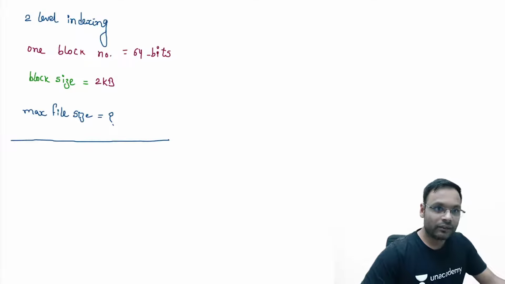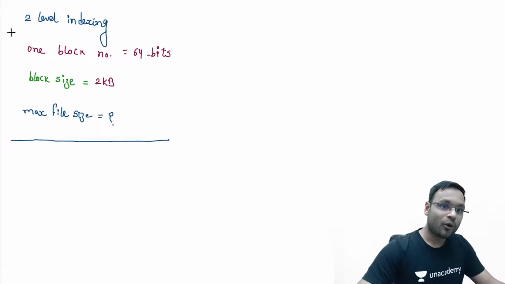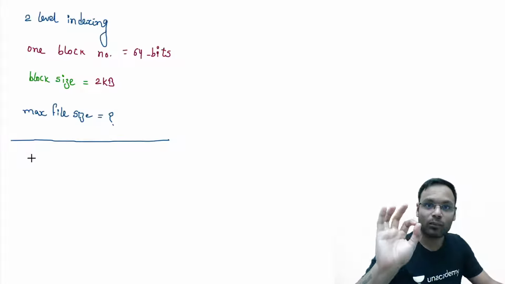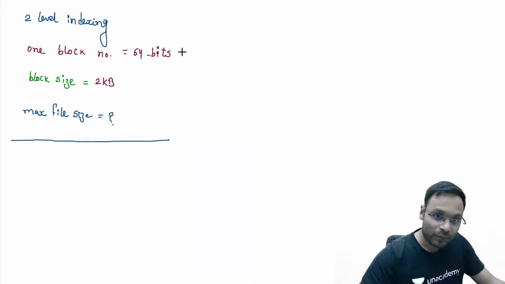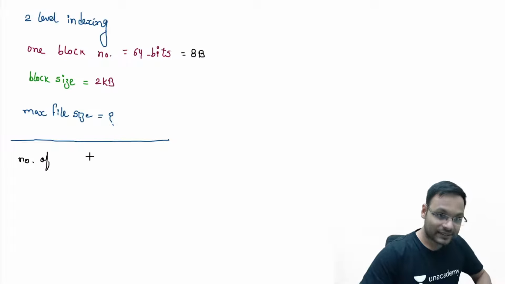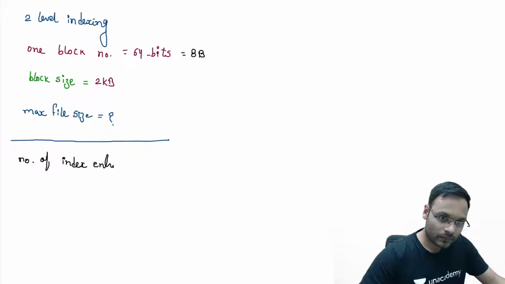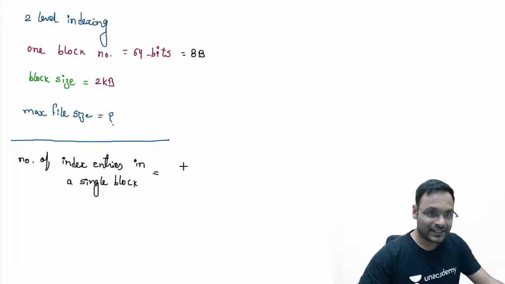First of all, we will have to know how many entries we can keep in a single block. One block number is 64 bits, means how many bytes? 8 bytes. So how many index entries can you keep in a single block?